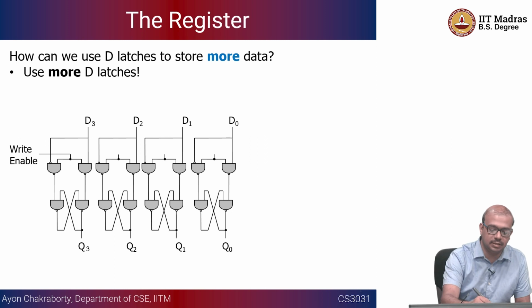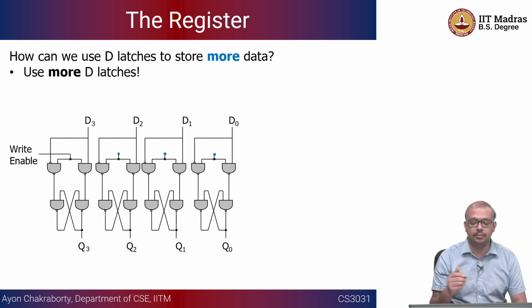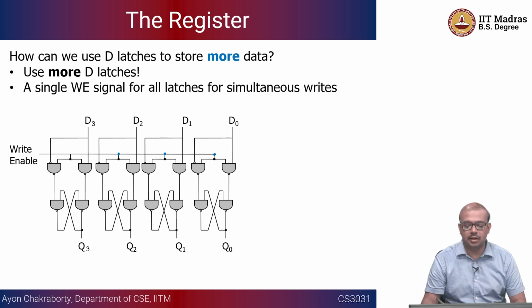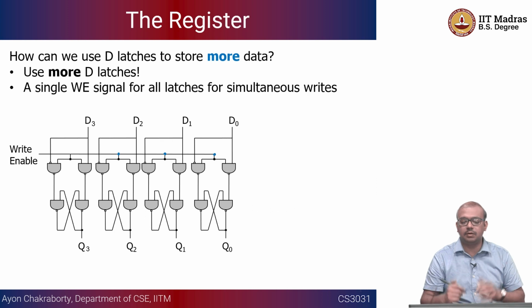Okay, so this is exactly what I meant. As you can see, this was dangling, this was dangling, and this was dangling. But if I want to treat Q0 through Q3, instead of treating them as individual bits, as a 4-bit number, then I have to have this write enable done simultaneously, because D0 to D3 are going to be changed simultaneously, suppose, and Q0 to Q3 are also going to be changed simultaneously whenever there is a clock pulse and I make the write enable 1, right? So this is the concept of a register.